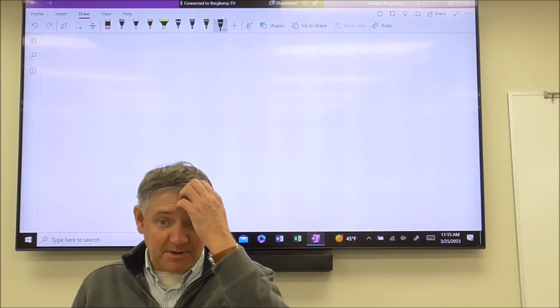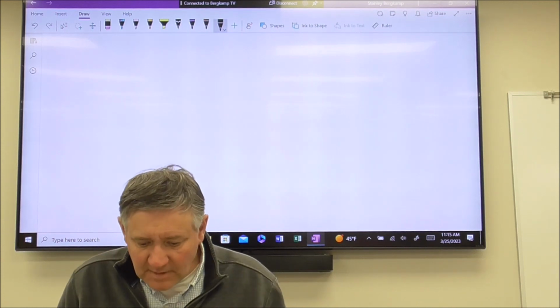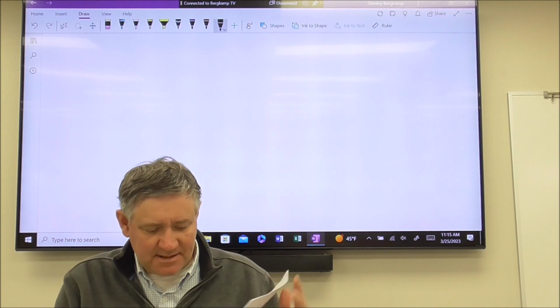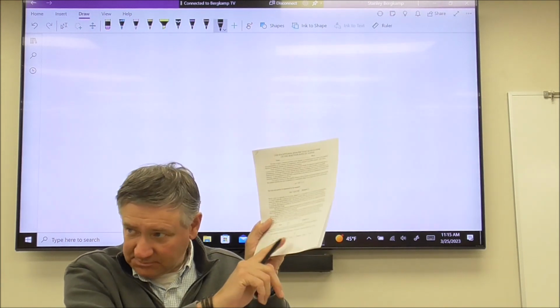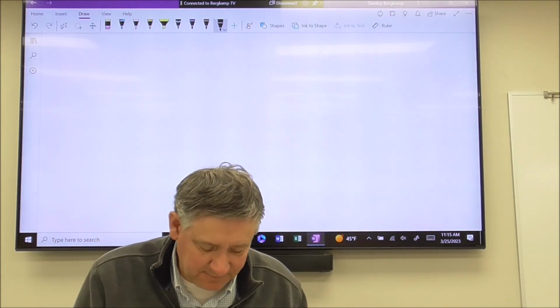All right, so let's talk about the lab. Down here at the bottom of page 1, here's the reaction that's going to take place. Everybody got this? Focus, okay?